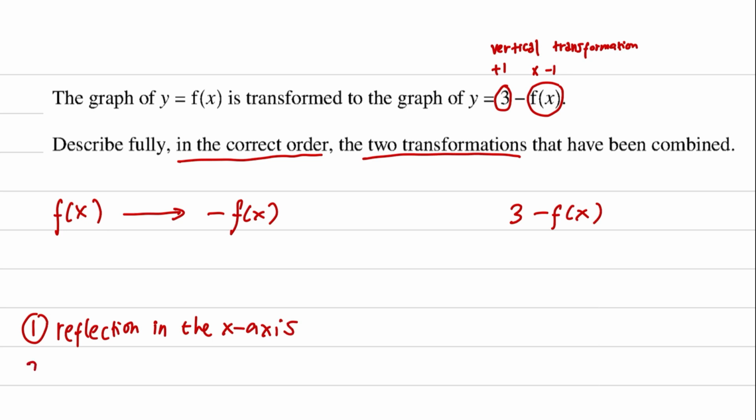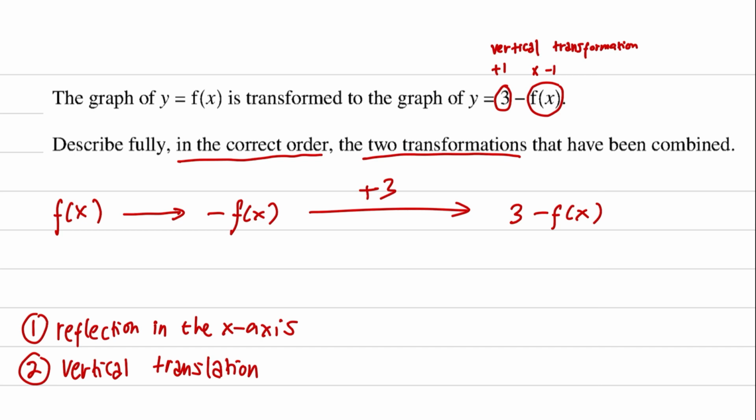The second one, after you minus f(x), you add by 3. It will become minus f(x) plus 3. So you will have vertical translation by the vector (0, 3). So this is our answer.